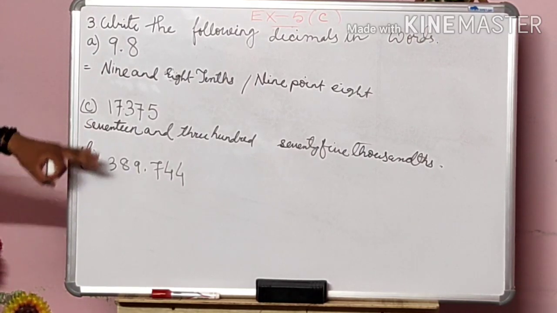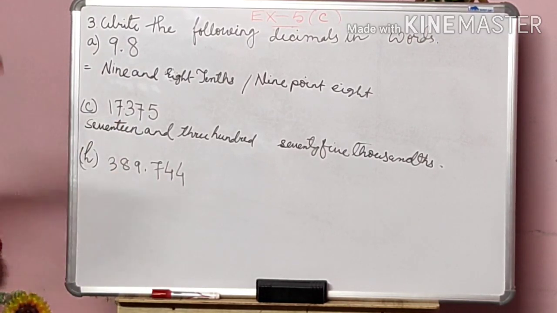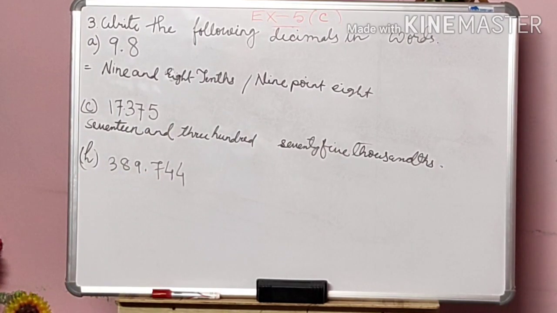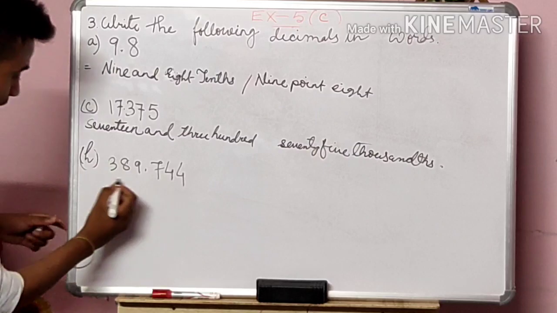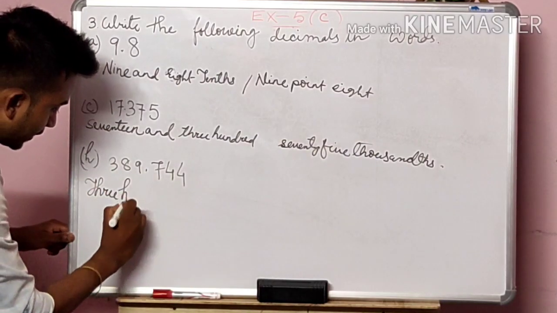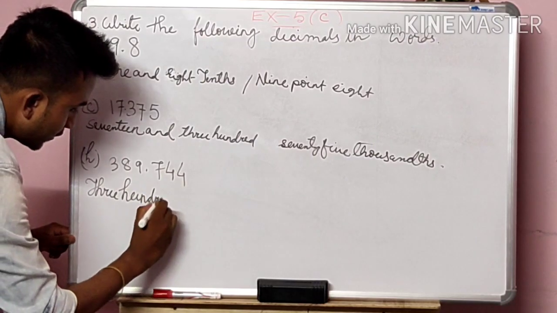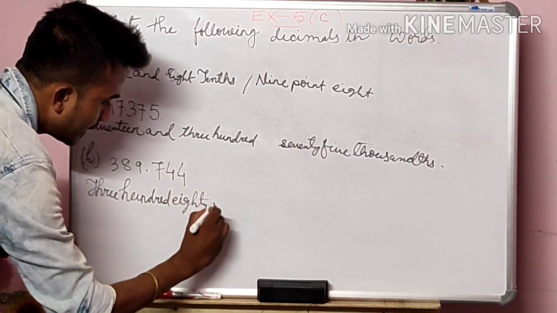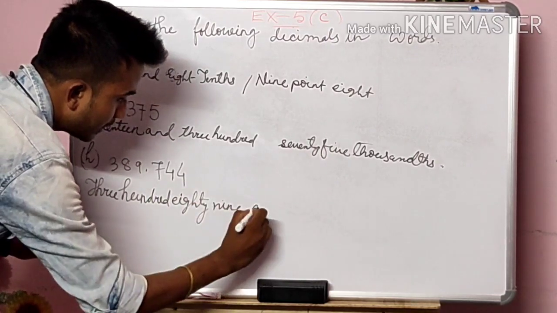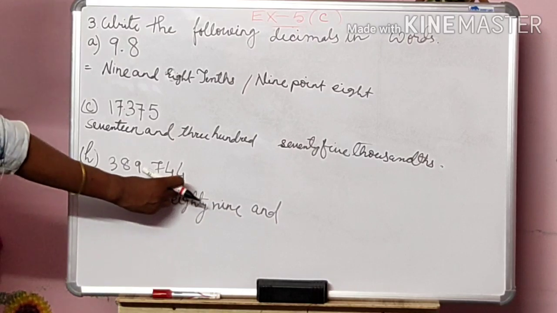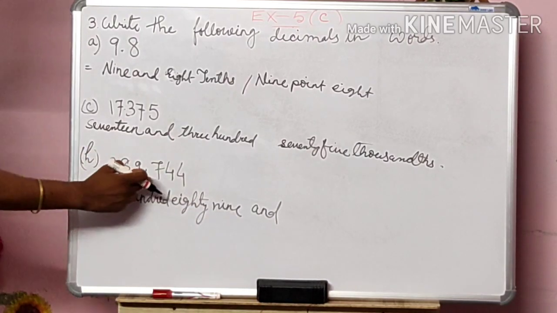If you have a doubt in this question, I have chosen one more question like this, and it will be clear with this one. Before the decimal we don't have any big problem, so it can be written as 389, and then we have to break it. Now this can be written as 744, but which place is the maximum value?